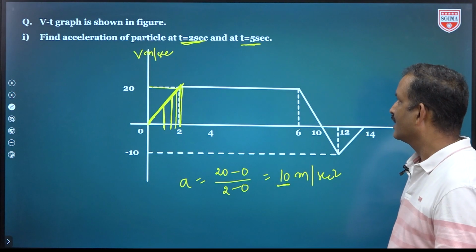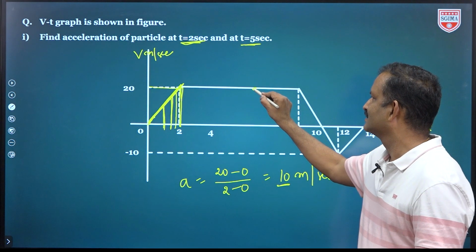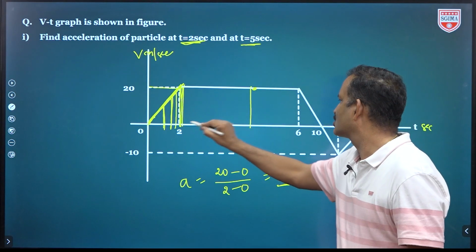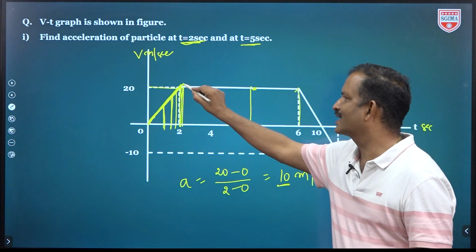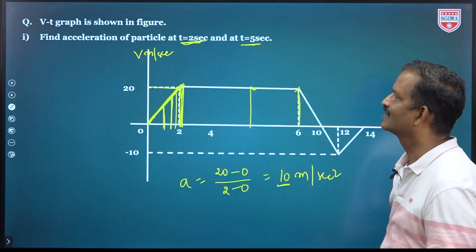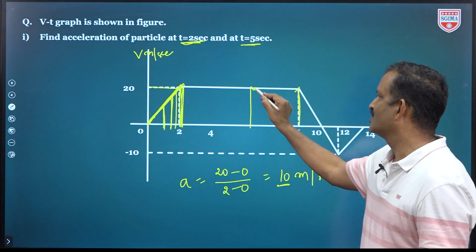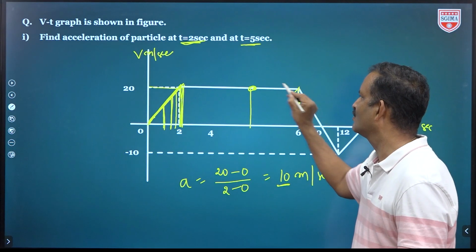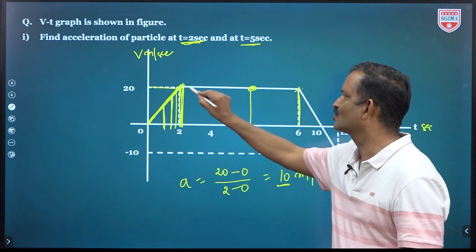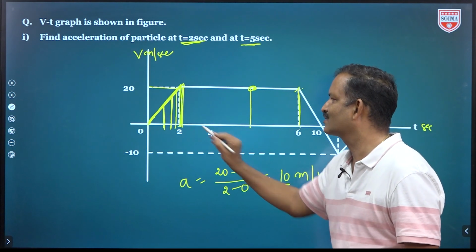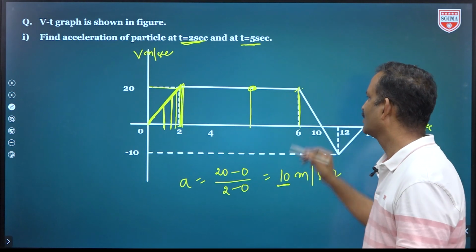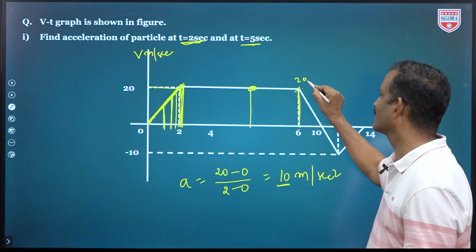But at t equal to 5 seconds, not only at 5 seconds, from 2 seconds to 6 seconds, the slope is 0. y2 minus y1, 20 minus 20, by x2 minus x1. What are its coordinates, for example?